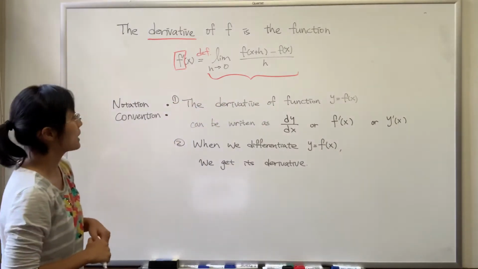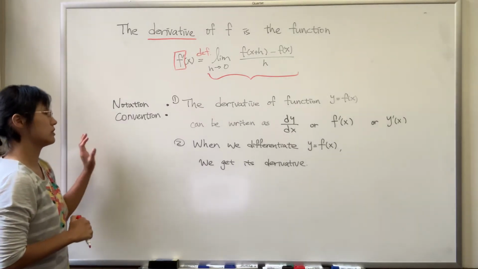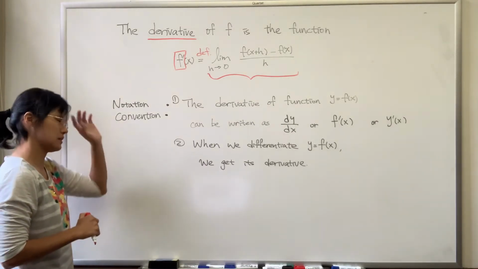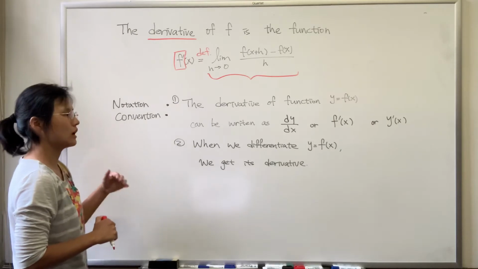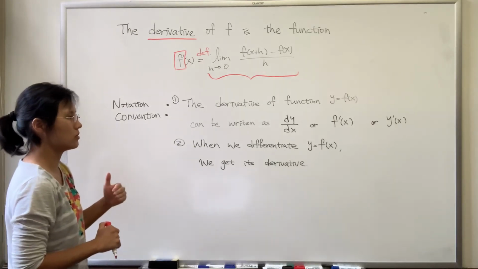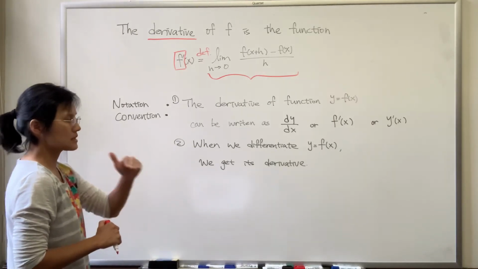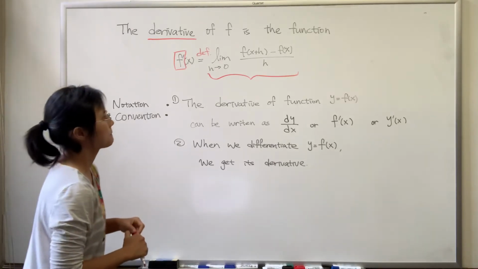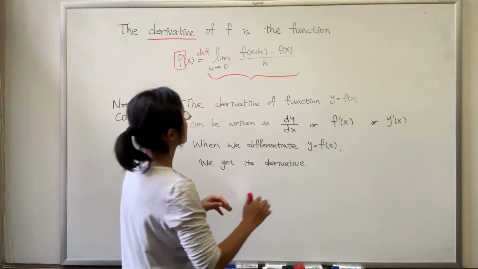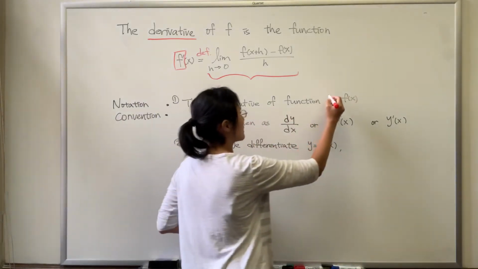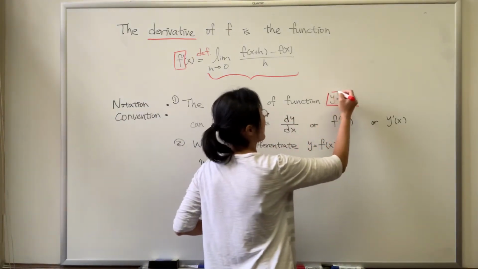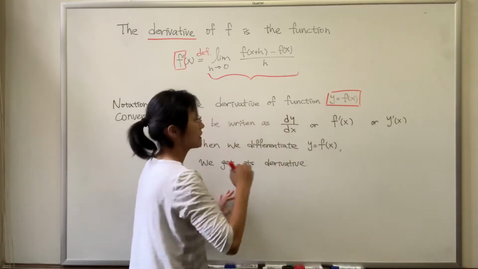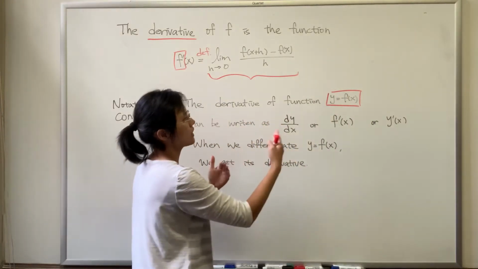Okay? And next, I want to talk about a little bit of notation convention, because we need to know how to write, and we need to know when we say certain sentences, what does that mean, okay? So if I have a function, I can say just a function f. I can also say, oh, this is function y equal to f of x.